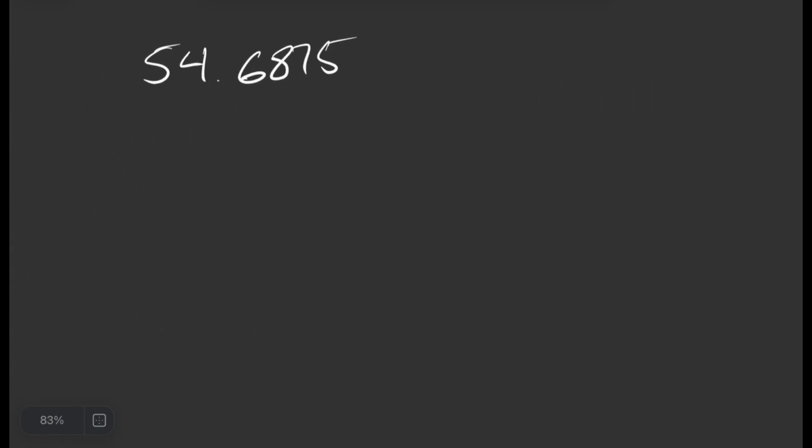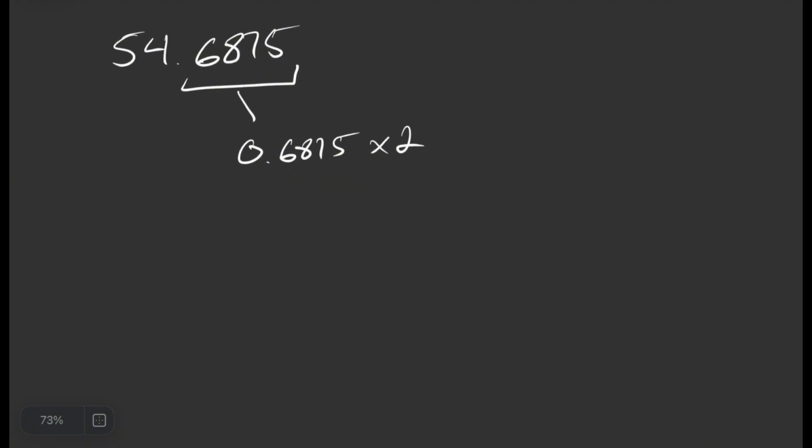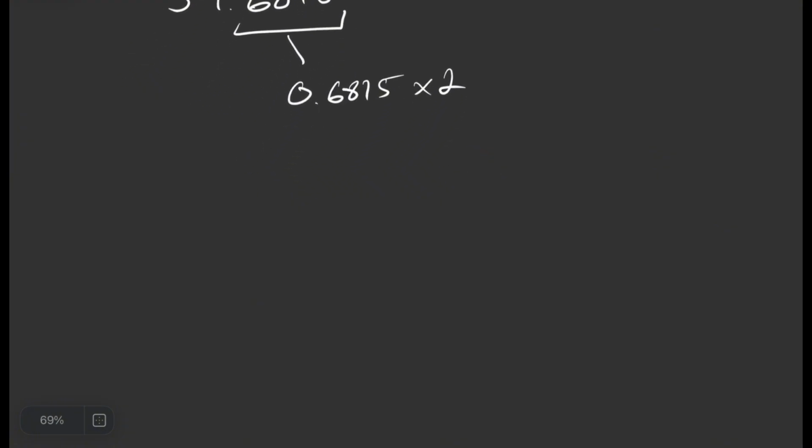We're going to take this decimal portion, 0.6875, and multiply it by 2, and whatever whole value results is the number we chart down. So 0.6875 times 2 is 1.375.